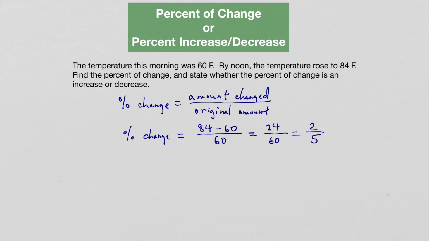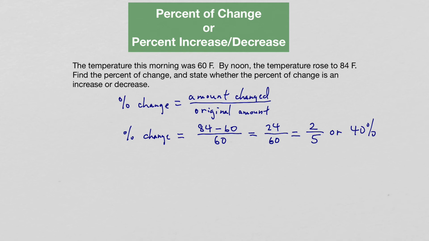So we get an answer of 2/5, or if we translate that to percentage, that becomes 40%. So 40% represents the percent of change. That's the answer to the first part.